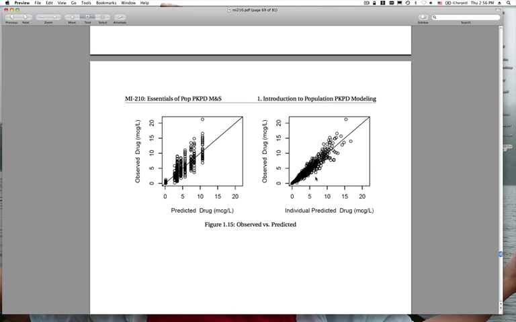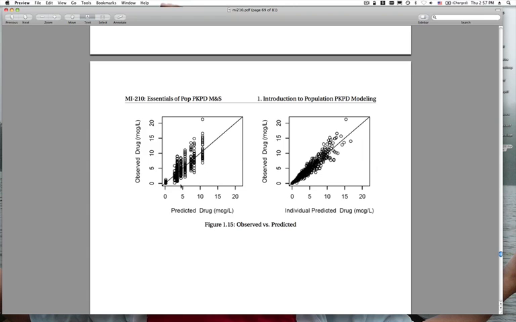The one on the right is evaluated at eta equal to the individual specific value. Of course, the one on the right is always going to look better, but you need to look at both of these plots because sometimes the individual etas can result in an overly optimistic goodness of fit, and you need to balance that with the population typical prediction as well.